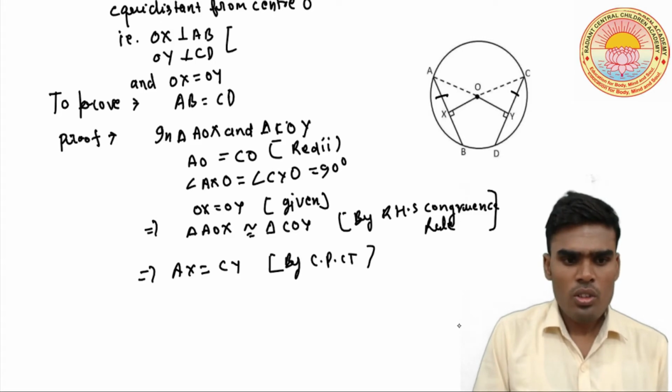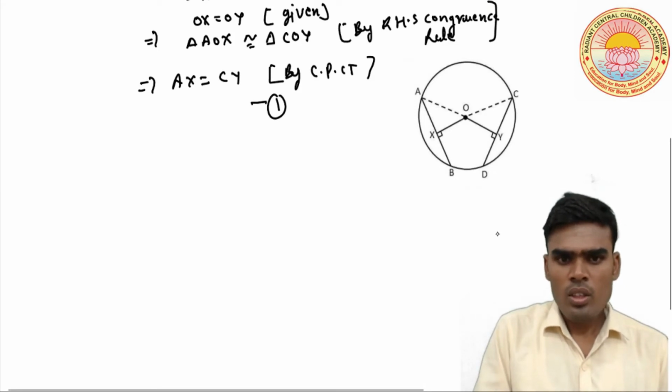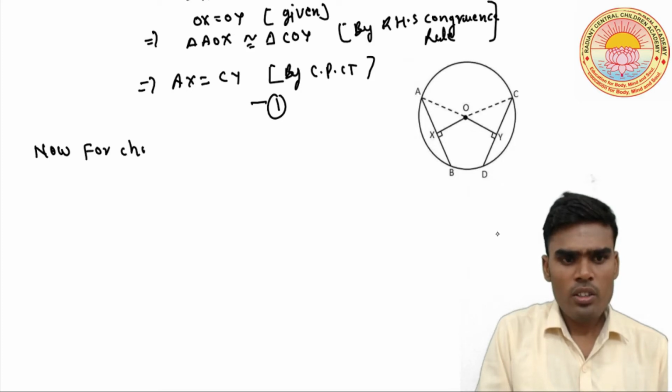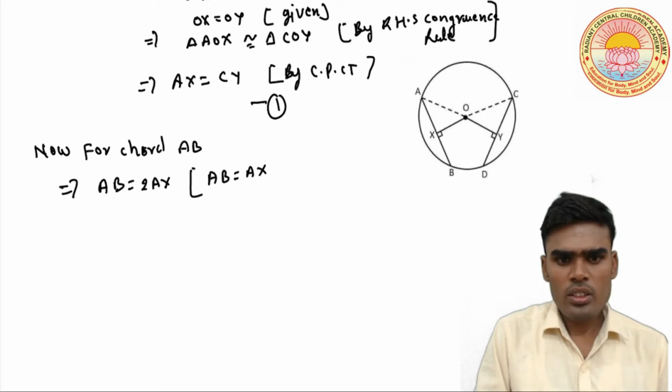So this is equation number first. Now for chord AB, this implies that AB is equal to 2AX, because AB is equal to AX plus BX, but AX is equal to BX.